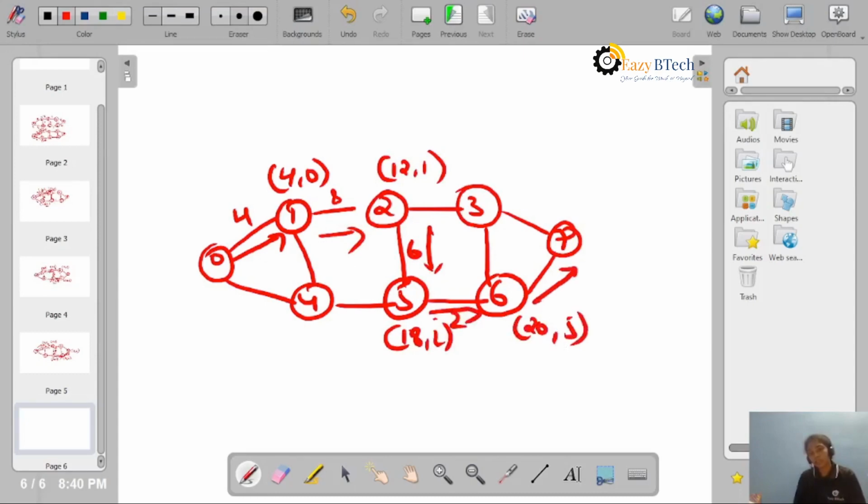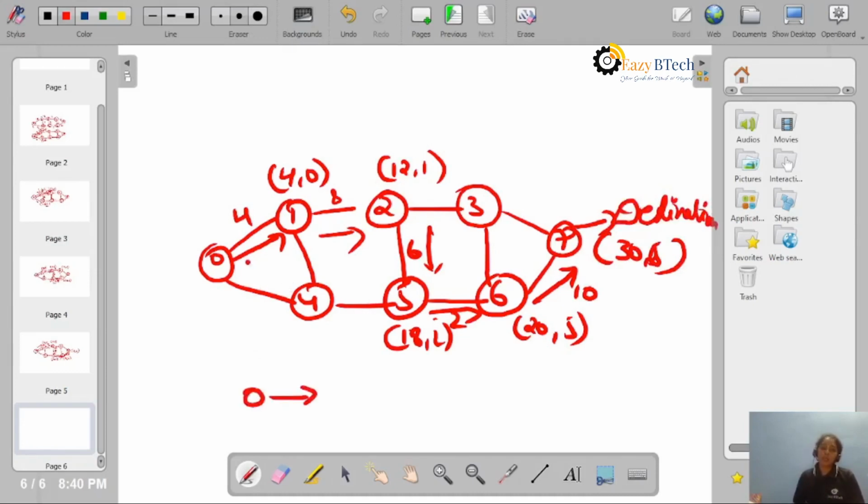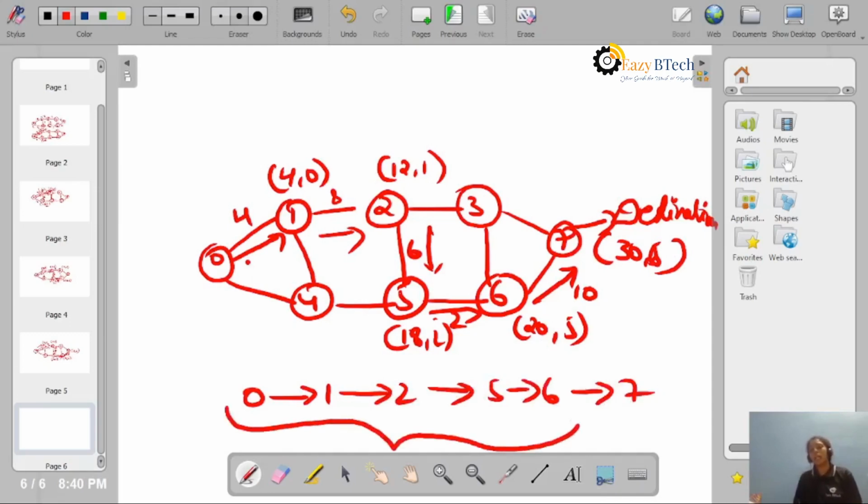From 6 this is the last destination. So this is the destination node. There are no links from this particular destination. So the path is 0 to 1 to 2 to 5 to 6 to 7. So this is the shortest path and the minimum cost we find by using this graph.